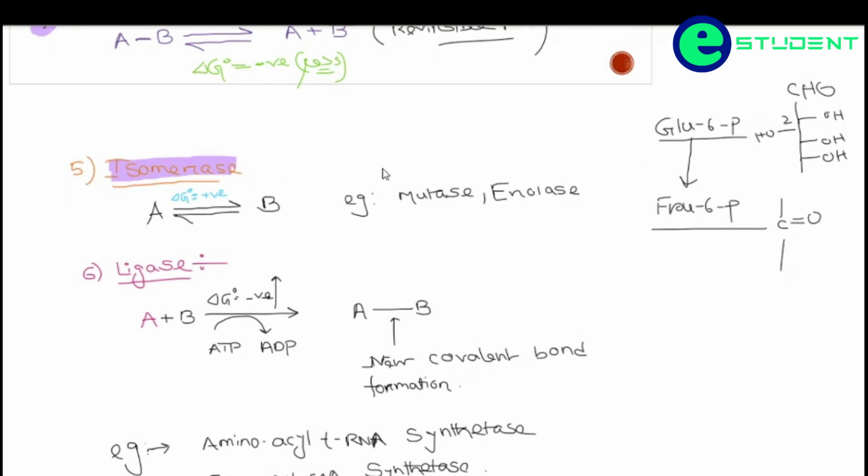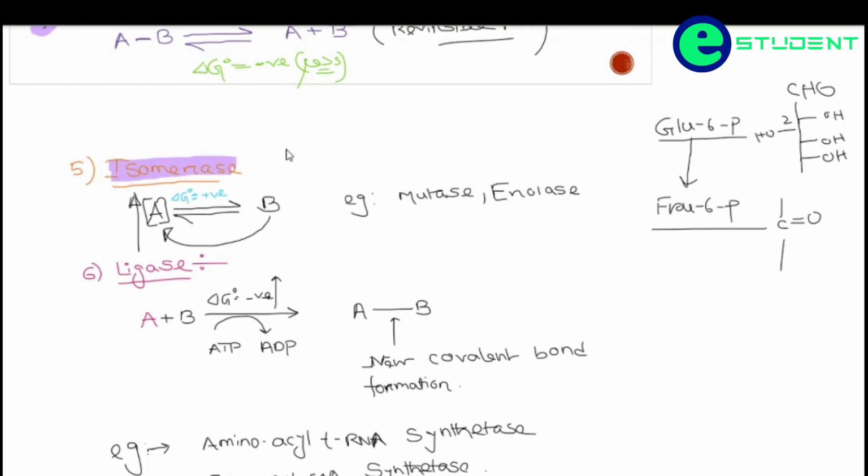And why is the delta G naught value positive? Because to run the reaction in the forward direction, the concentration of A must be so high that the reaction can go toward the forward direction. But if the concentration of A is not so high, then in normal conditions the reaction is favorable from B to A. This is the meaning of delta G naught positive.